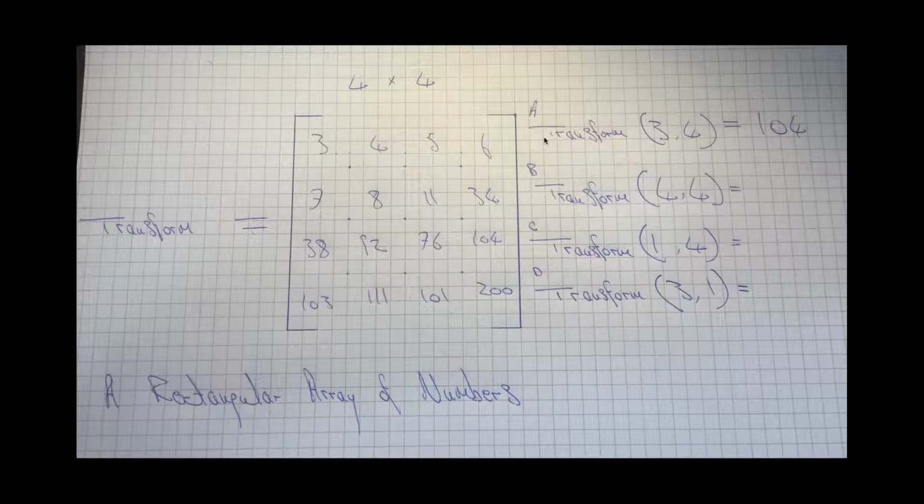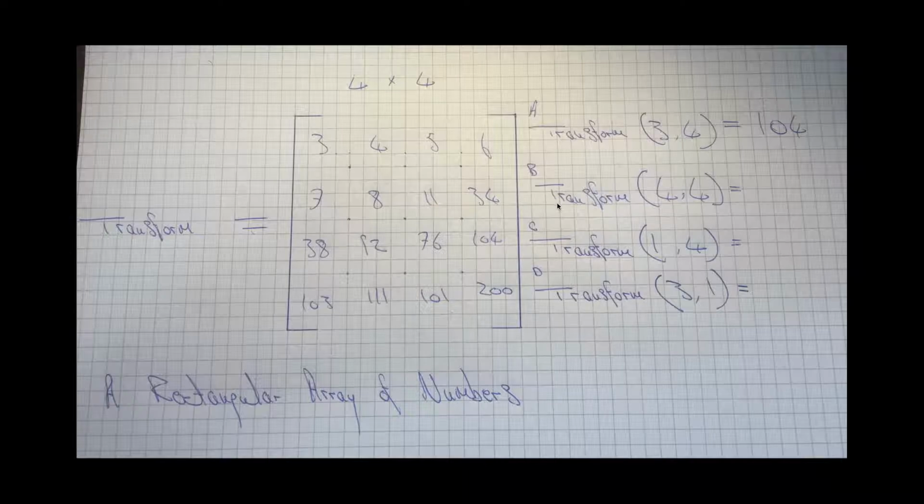So transform 3, 4 means in row number 3, so 1, 2, 3, in column number 4, so 1, 2, 3, 4, the value is 104. That's how you locate values from a matrix.